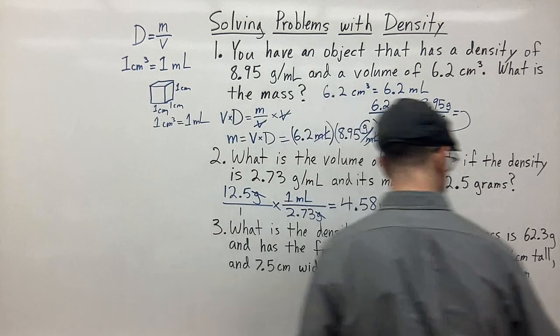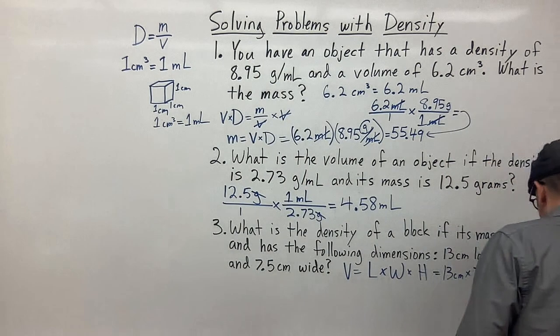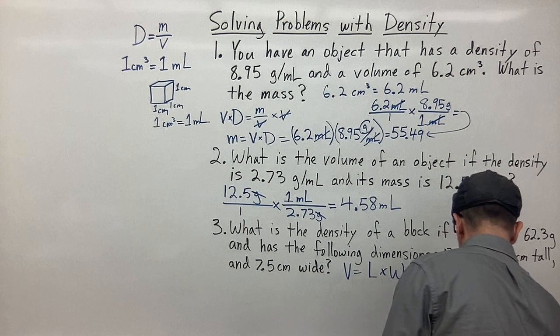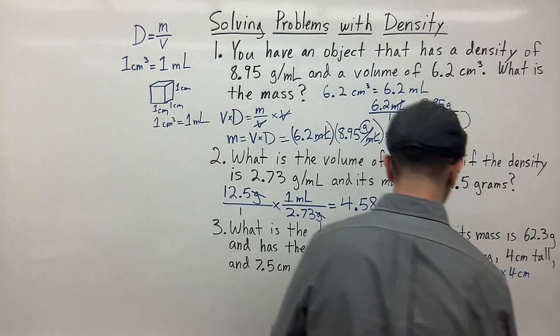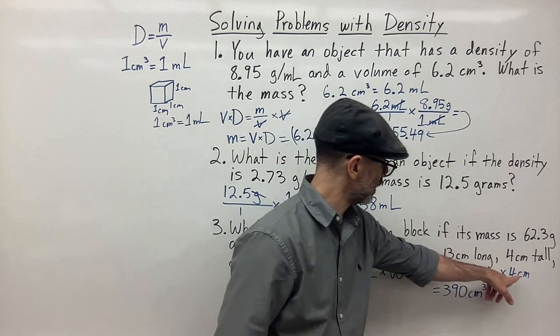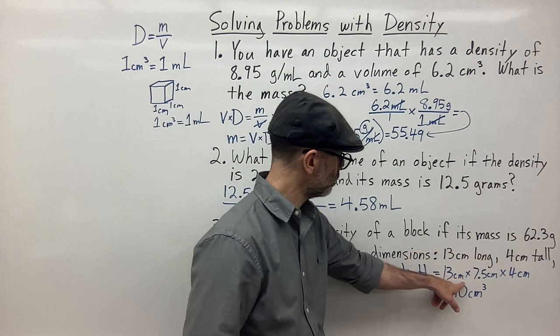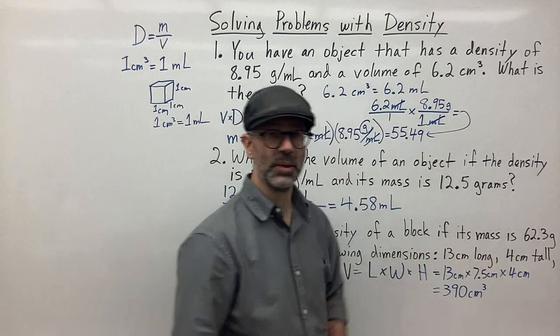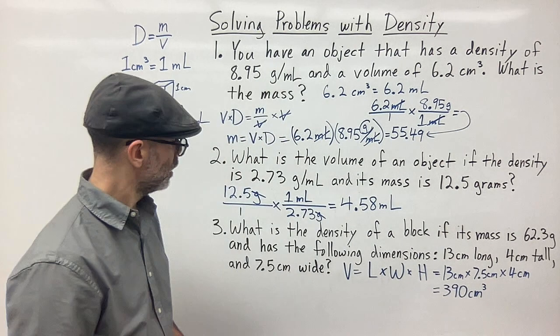Okay. So now all we need to do is multiply those together, and we get 390 centimeters cubed. And notice, remember, not only are we multiplying the numbers together, but we multiply the units. Centimeters times centimeters times centimeters gives you centimeters cubed, right?